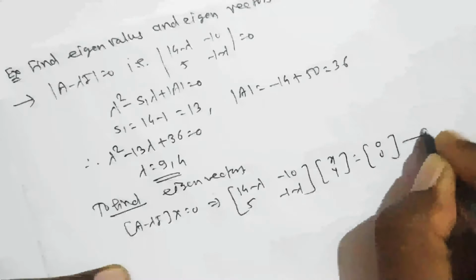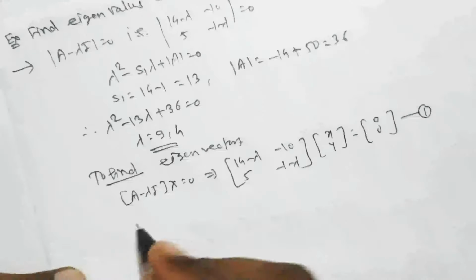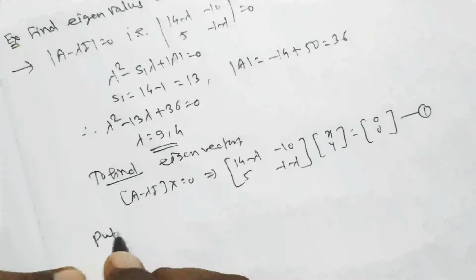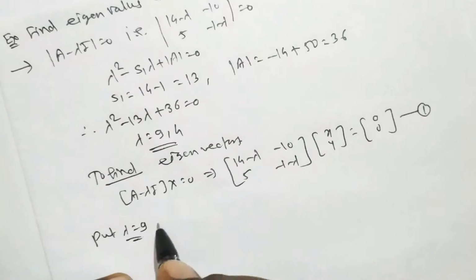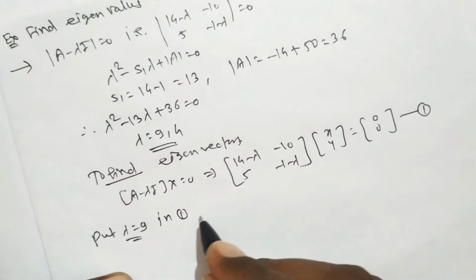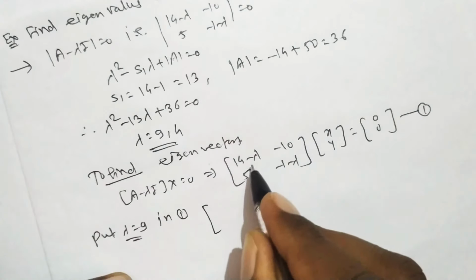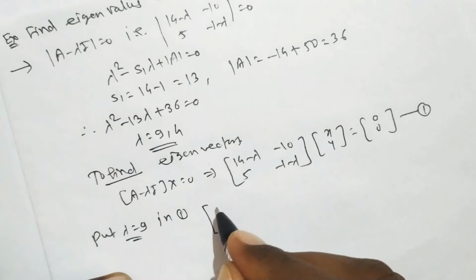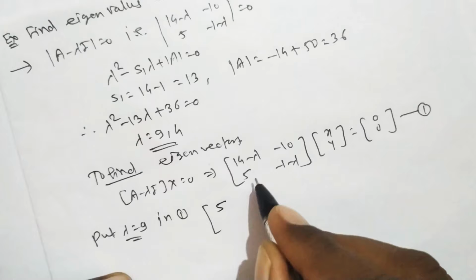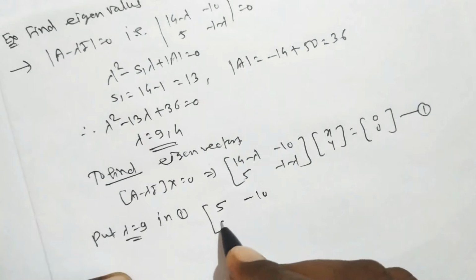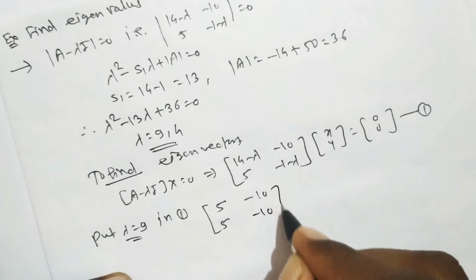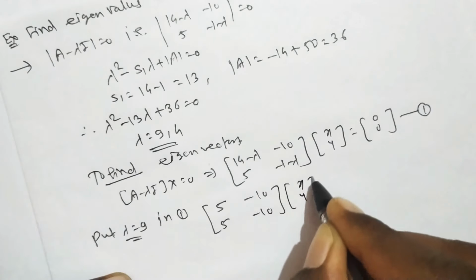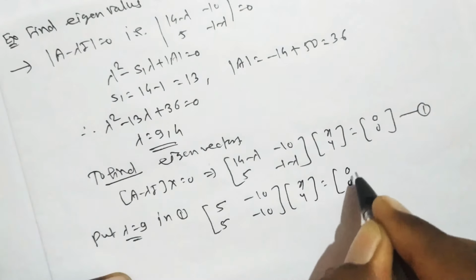This is the characteristic matrix; denote this by 1. Now first, suppose we take the eigenvalue lambda equal to 9. So for lambda equal to 9 we first find the eigenvector. Put lambda equal to 9 in equation 1, then equation 1 becomes 14 minus 9, that is 5, and minus 10, here 5 minus 1 minus 9 is minus 10, into xy equal to 0 0.